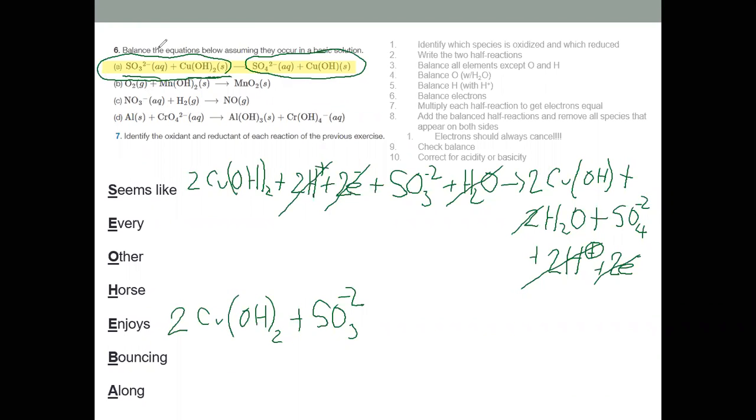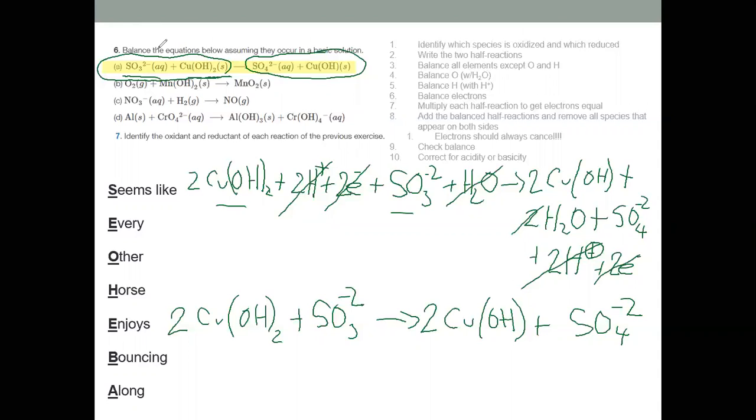Okay. So I got that one, and it has that one. Okay. And then that goes to CuOH, okay, plus SO4 2 minus. All right, let's see if we're right.